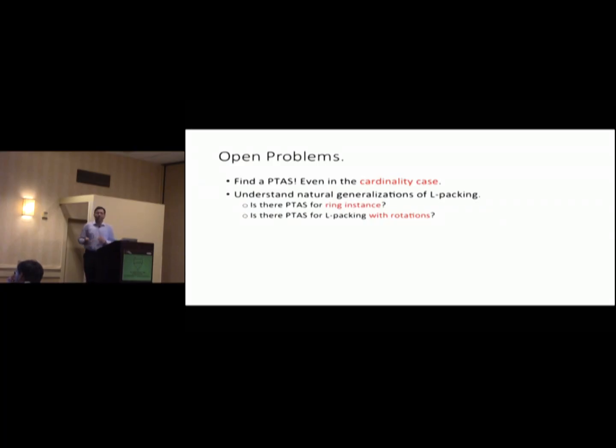With rotation, there is a problem: we don't know whether an item is rotated or not, which makes L packing a slightly more complex problem. And as we solved only one L packing, if we have a constant number of L packings, can we get a PTAS? That might give us some insight for the PTAS for the general case.